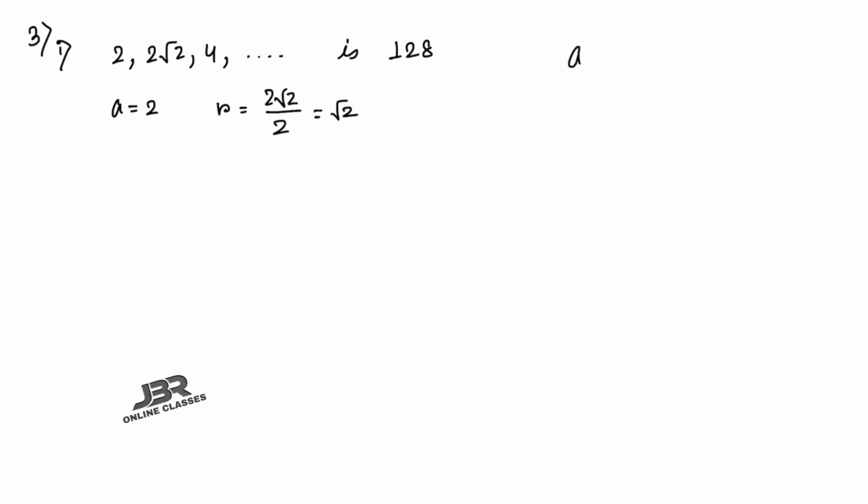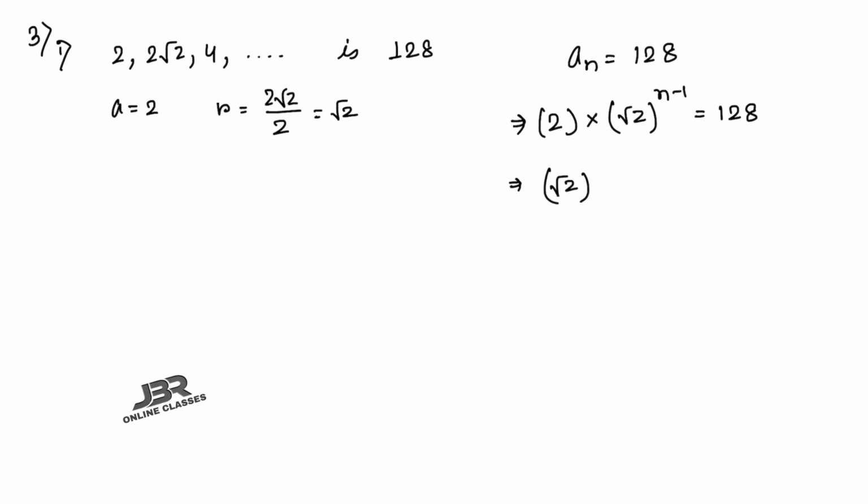As the nth term an equals 128, the formula of an is a times r to the power n minus 1, which equals 128. So 2 times (root 2) to the power n minus 1, clear, and that equals 128.